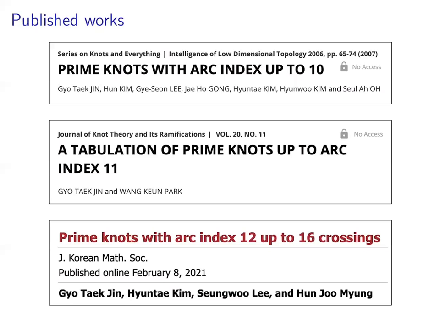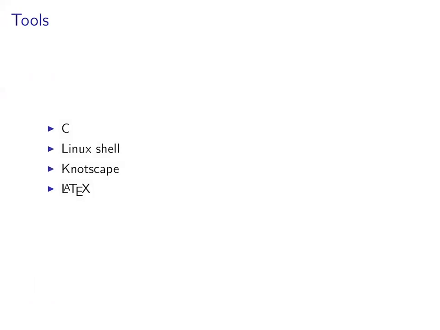So for the tabulation, we mostly used a C program, and then we used a Linux shell to handle the text data, and then we used KnotScape to identify these knots again, and then we used a LaTeX picture tool to draw grid diagrams.